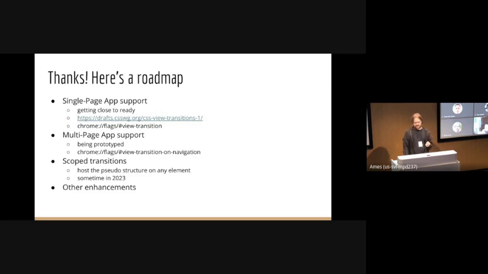Scope transitions is an effort to say maybe we can host these pseudo elements on any arbitrary element in the page, and that way you can have a widget that has a transition, and another widget that's also having a separate transition, and they don't interfere with each other in any way. And so you can compose it better. And yeah, there are some other enhancements to the model that we may work on, but we can talk about it if anyone asks. And that's it.